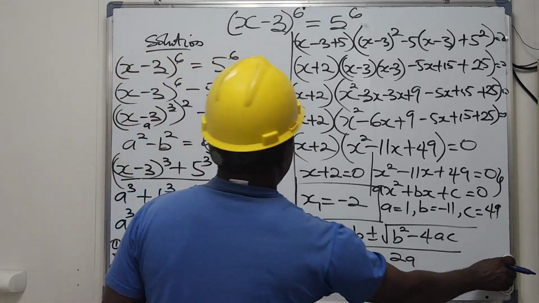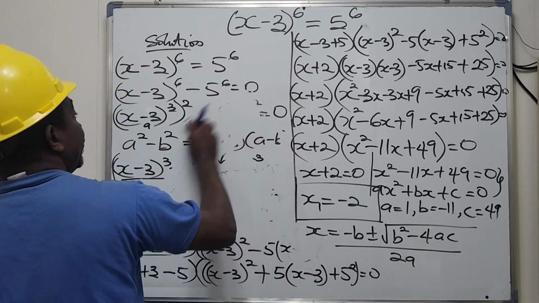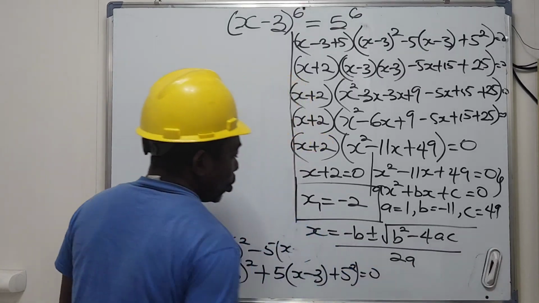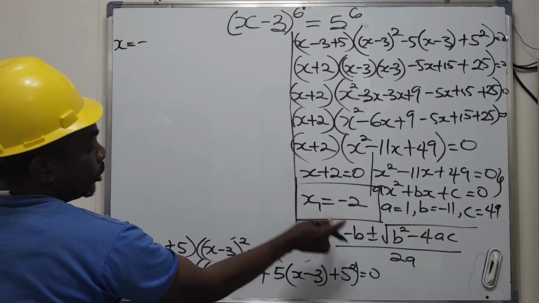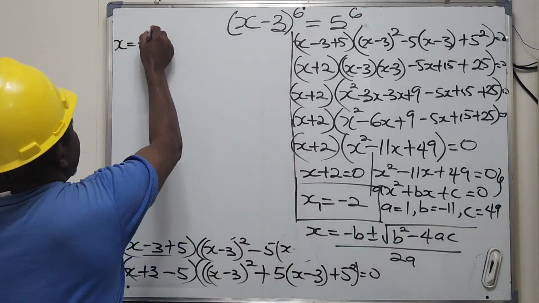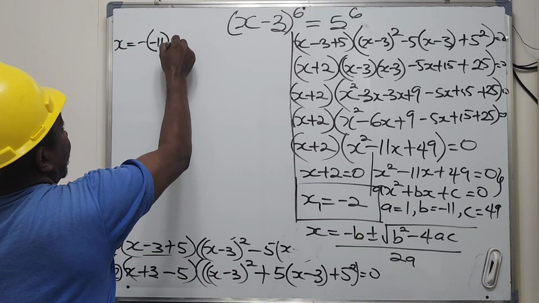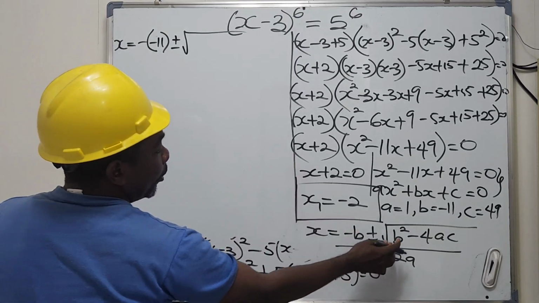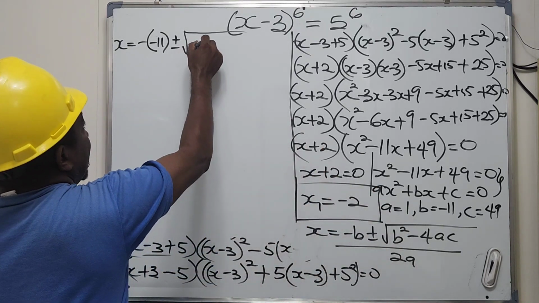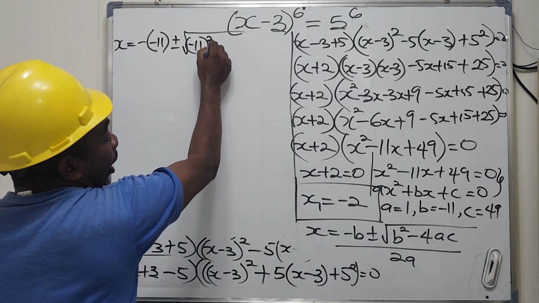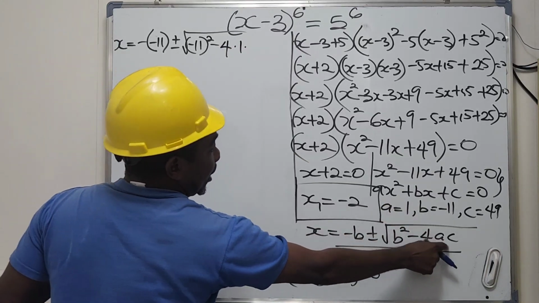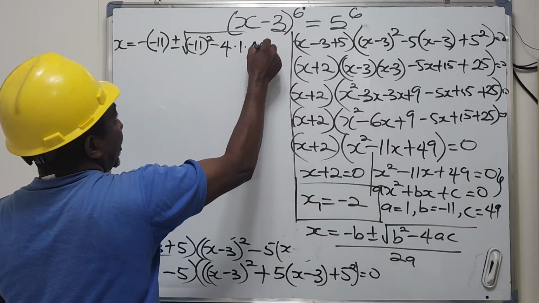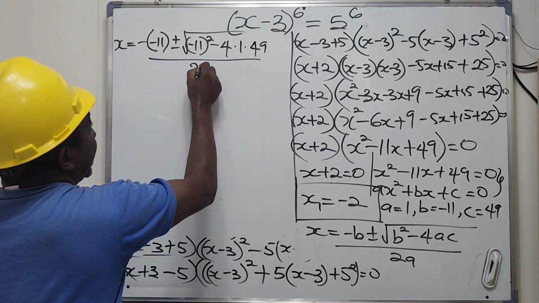Before we do that, we need to clean this for us to continue our evaluation, where the value of x becomes minus, this minus b is minus 11, plus or minus square root of b to the power of 2, which is minus 11 to the power of 2, minus 4 times 1 times a times c. c is 49, all over 2 times 1.